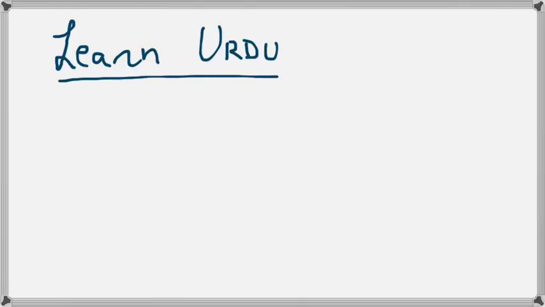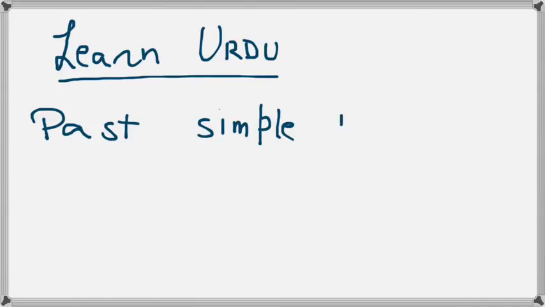And in today's video tutorial, we are going to talk about past simple tense in Urdu. How do we make past simple tense? And how can we identify past simple tense in Urdu? Past simple tense is called fail mazi.